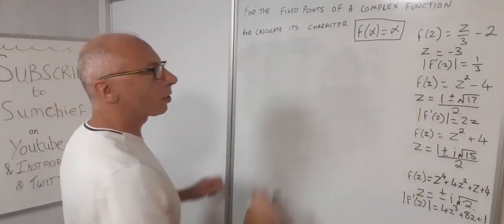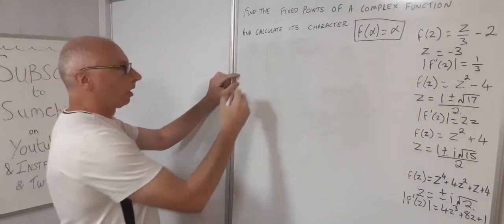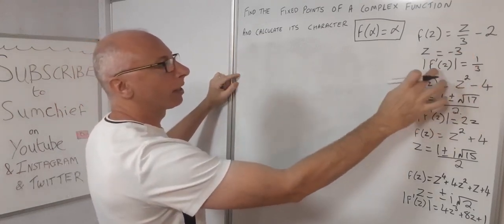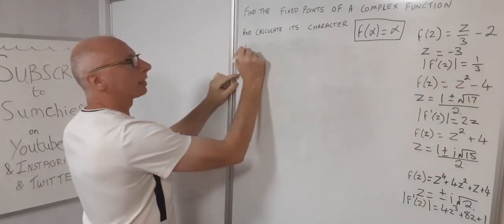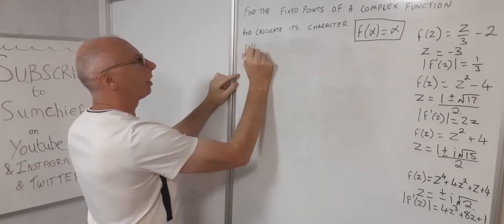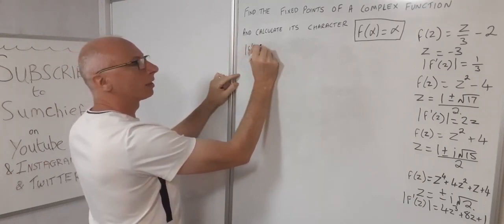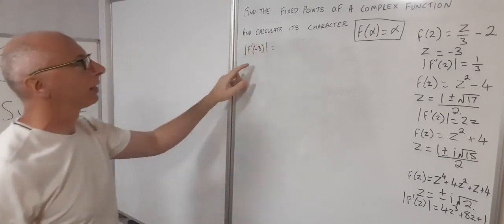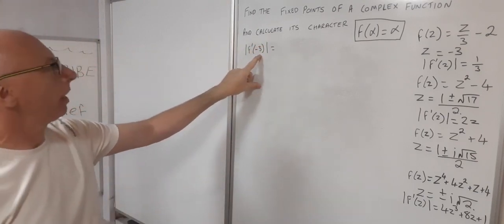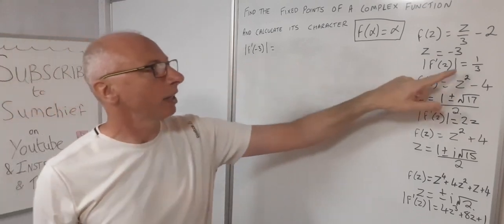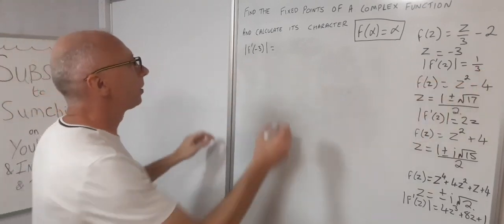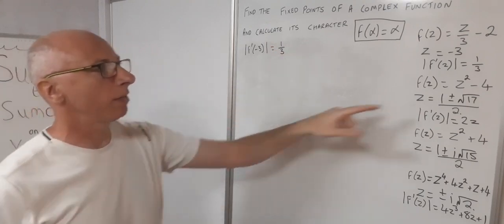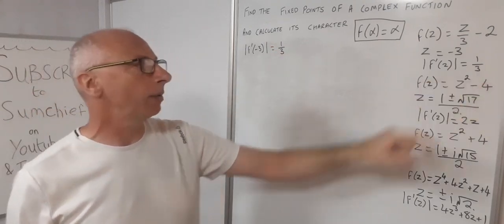Okay, let's take this first one. So our fixed point is minus 3. So let's have a look at our derivative at minus 3. Wherever that is plugged in, minus 3, we'll still get 1/3. So for any value, it's going to be 1/3. There is no z in the derivative anyway.